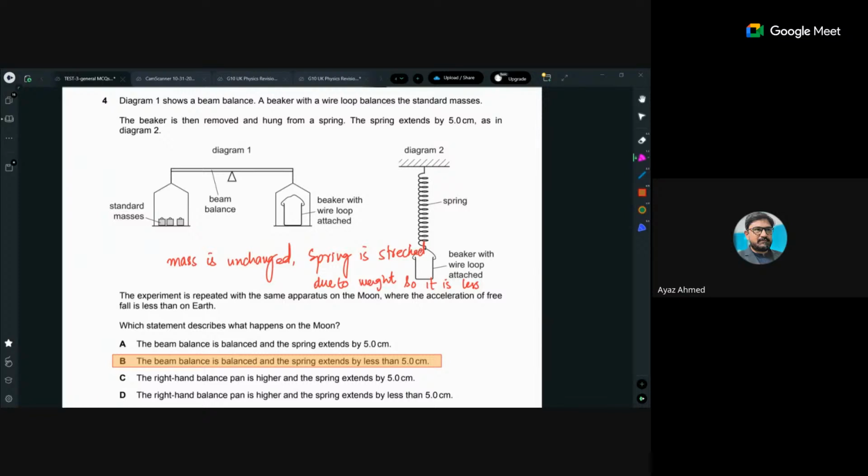Diagram one shows the beam balance and diagram two shows the spring balance. At which instrument will the reading be the same in both cases? Because mass remains unchanged, the instrument which measures mass, its reading will be the same. The other reading would change, because that is a weight-measuring instrument. Got it?